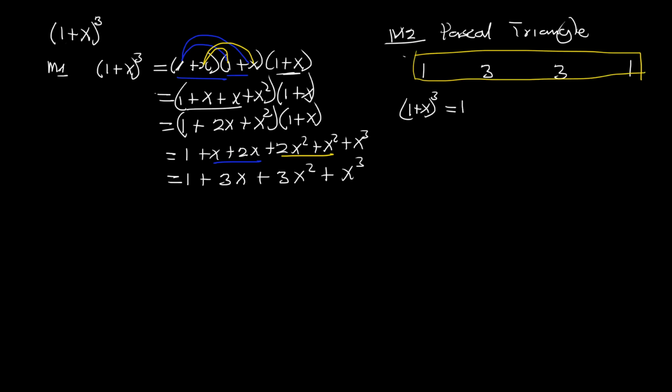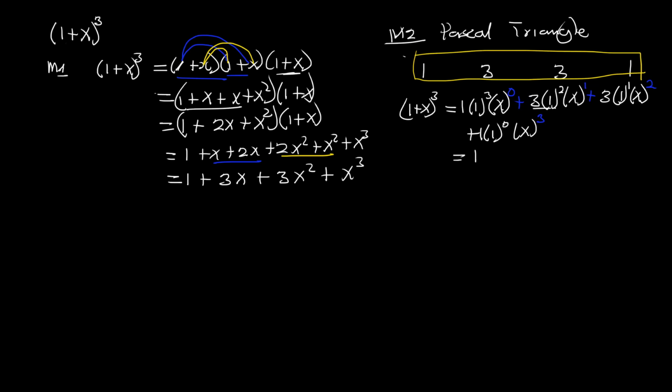So we have 1 times 1 raised to the power 3 times x raised to the power 0, plus 3 times 1 raised to the power 2 times x raised to the power 1, plus 3 times 1 raised to the power 1 times x raised to the power 2, plus 1 times 1 raised to the power 0 times x raised to the power 3.